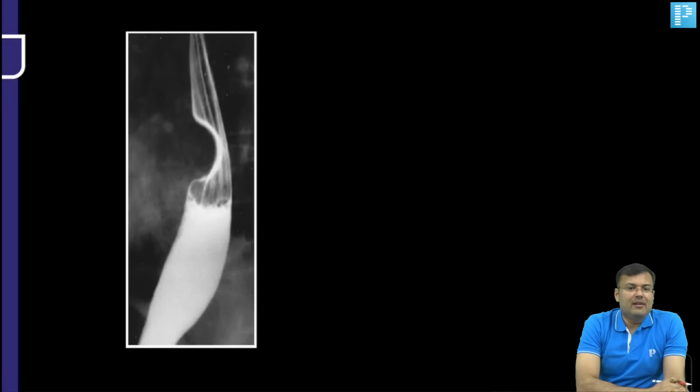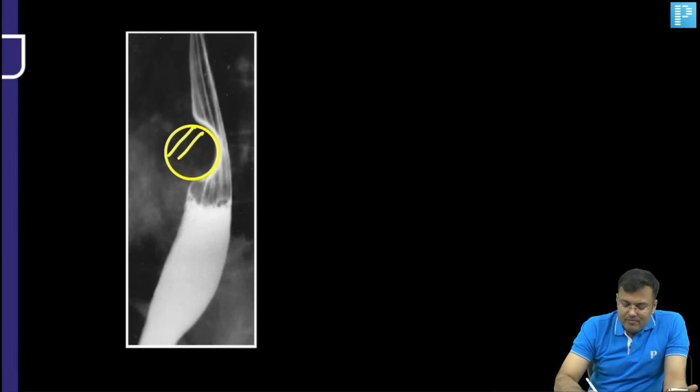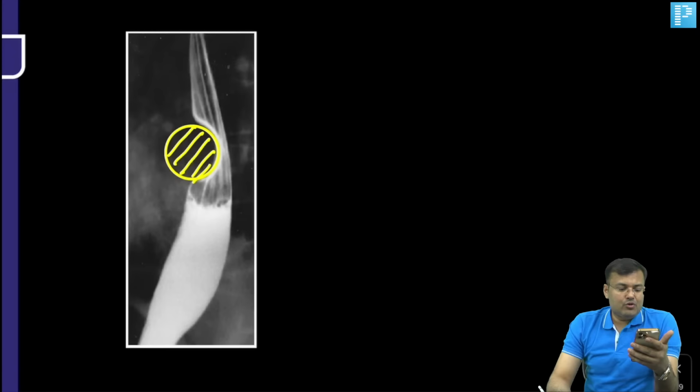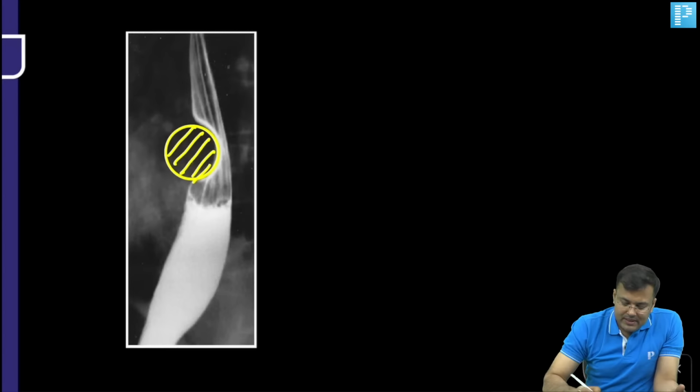Next, tell me, again this is barium swallow, what is the name of this appearance and what is the diagnosis? Guys, tell me, is it a benign tumor or malignant tumor? Very good. First person to reply correctly, Lone Bilal, Dr. Sneha, there is a punched out defect. So, this is the punched out filling defect, it is seen in leiomyoma.